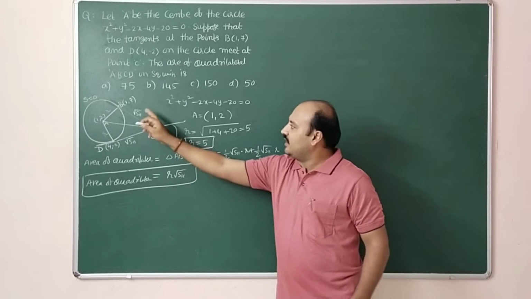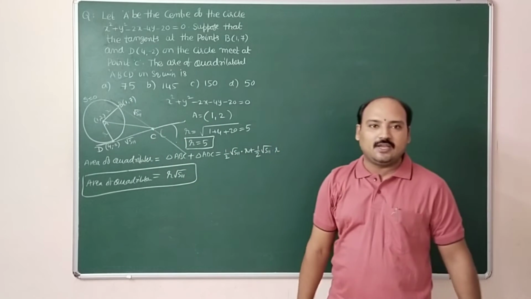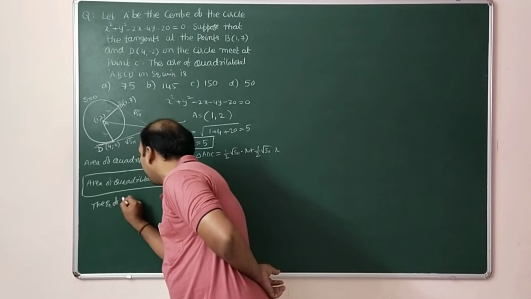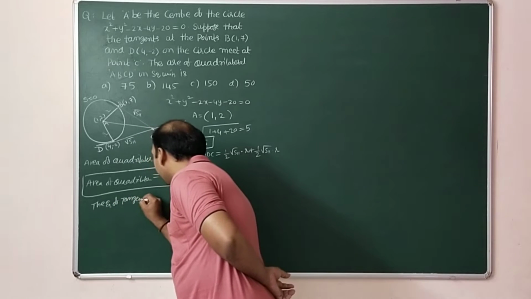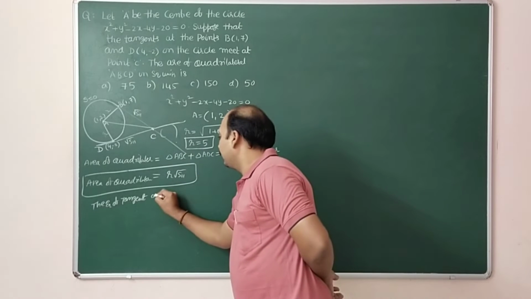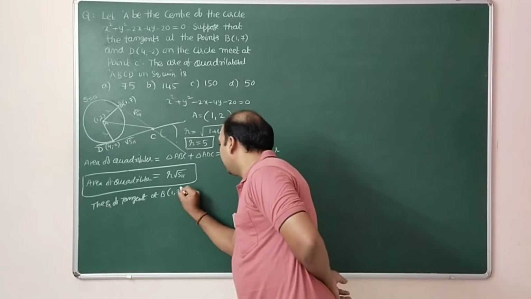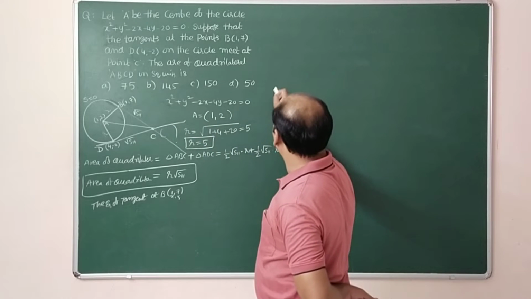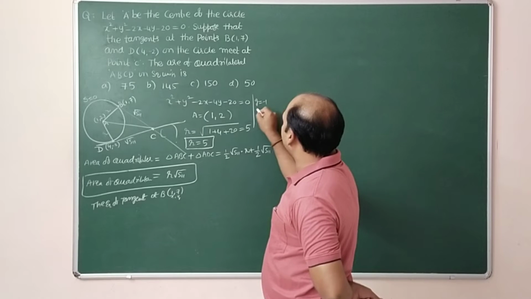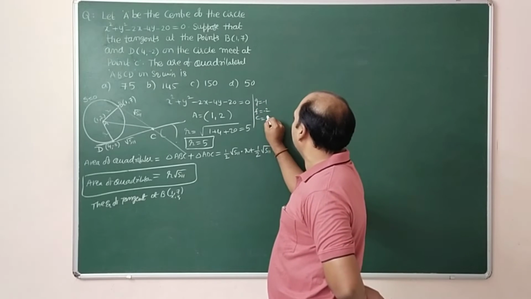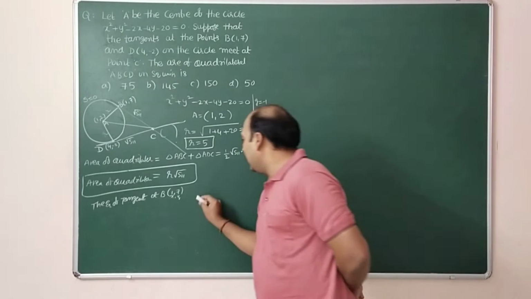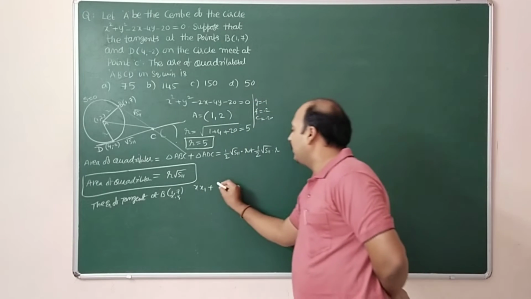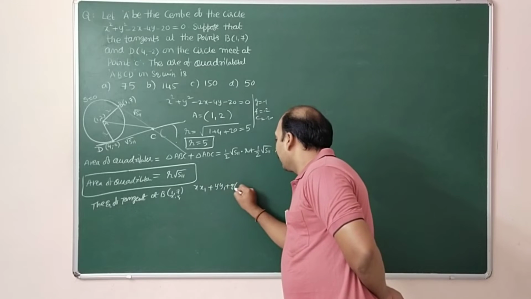In the next step, tangent equation at B, tangent equation at D, you can calculate. The equation of tangent at B of (1, 7), this is x1, y1 now. Directly I am writing. Anyway, from here g is equal to minus 1, f is equal to minus 2, c is equal to minus 20. For the first equation I am writing the formula, from next time onwards directly I am writing.